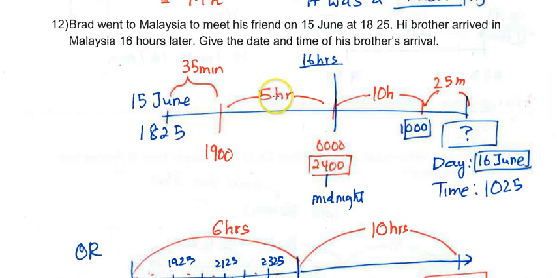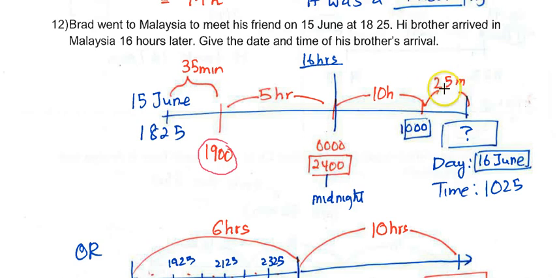So 16 hours, you can break it this way. Going to the nearest o'clock, right? Can you see the nearest o'clock here? Okay, from here you break, this is 35, okay, nearest o'clock, and over here, right, you count another 5 hours. Here is the midnight time. Stop at the midnight time, this will be 5 hours, and go on to 10 plus, okay, then go on to another 25.